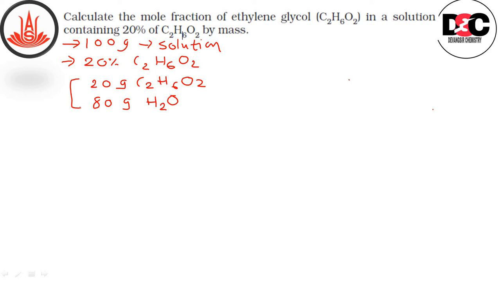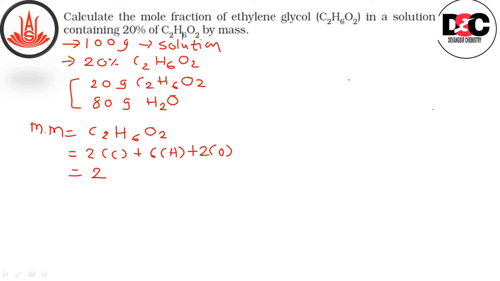Okay. Now molar mass we have to find first. C2H6O2, 2 carbon, 6 hydrogen, 2 oxygen. Here carbon is 12, for hydrogen it is 1, oxygen it is 16.